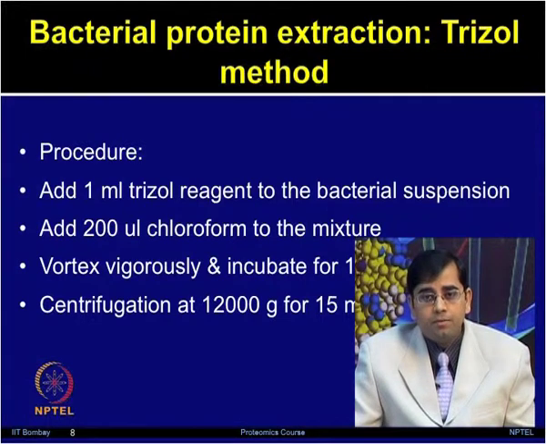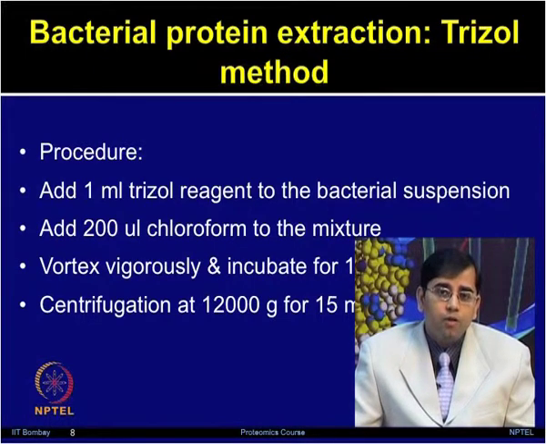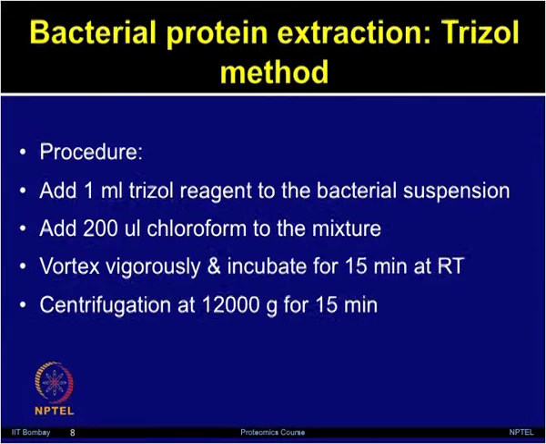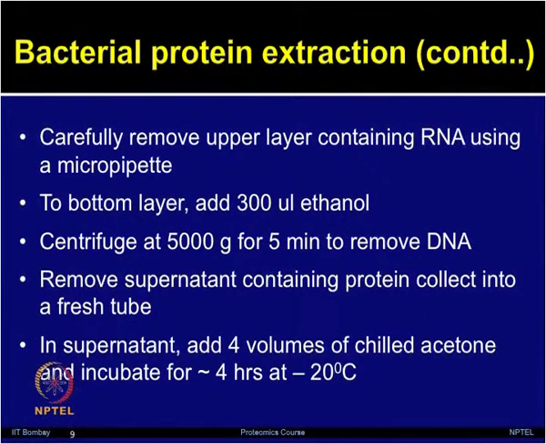Centrifuge the sample at 12,000 g for 15 minutes. After the centrifugation, remove the upper layer which contains RNA and to the bottom layer you can add ethanol. Again you need to centrifuge at 5000 g for 5 minutes. This step will remove any DNA contamination.